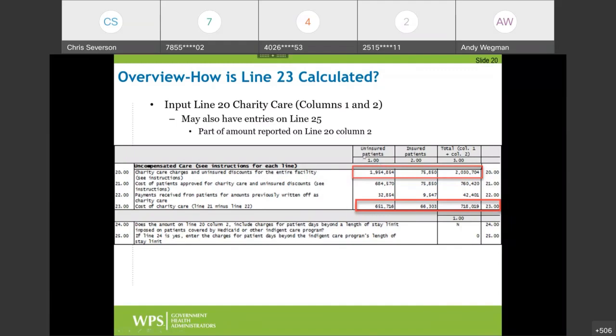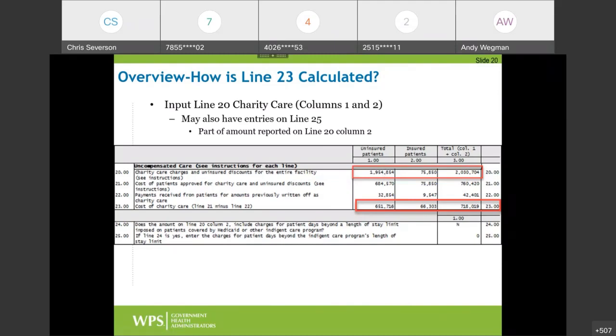And the big important thing here is understanding the difference between these two columns. Column 1 is uninsured, which by its nature, this should be a charge-based number. And as such, it's going to be reduced by a cost-to-charge ratio, because ultimately we want cost.